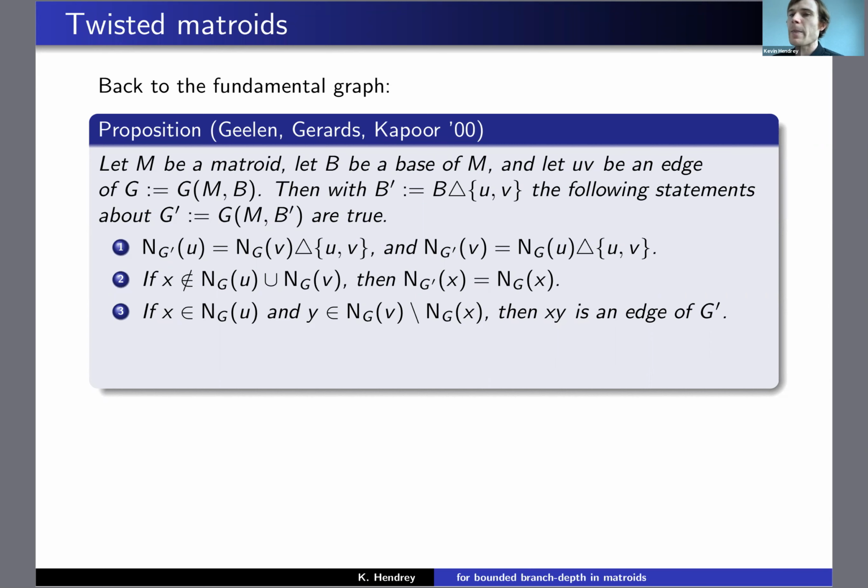Remember, every edge of the fundamental graph will go between some element of the base and some element which is not in the base. So taking the symmetric difference of the base with this edge will actually correspond to a base exchange.